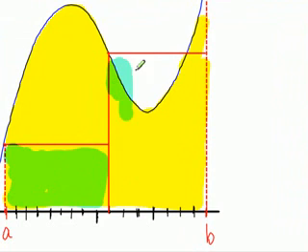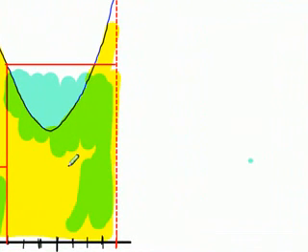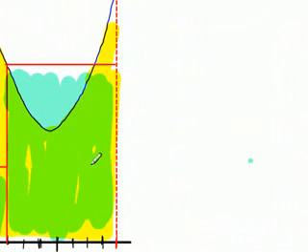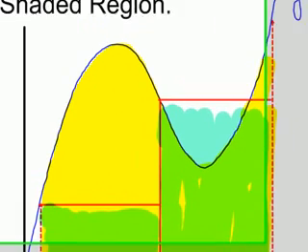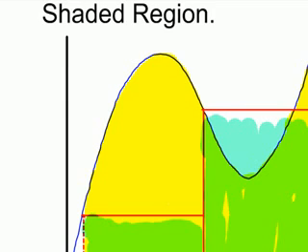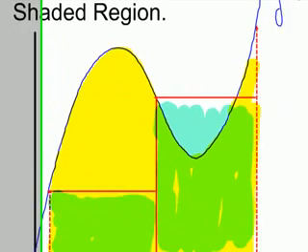Here's the highlighter. So here's the second rectangle. We can calculate the area of each of those rectangles, add the two areas together, and we'll get a total, which is not so great. It's not going to be a very good estimate of the area under our curve.